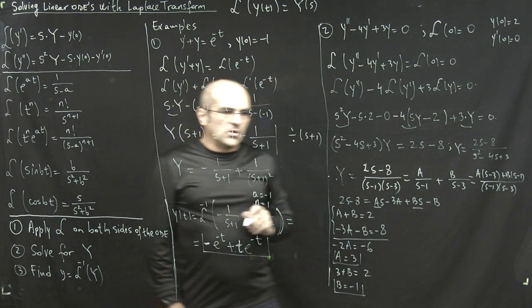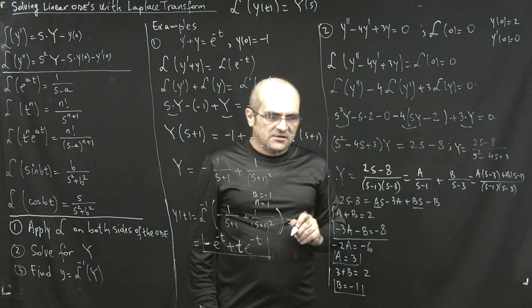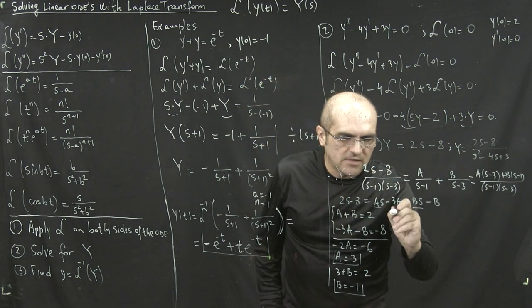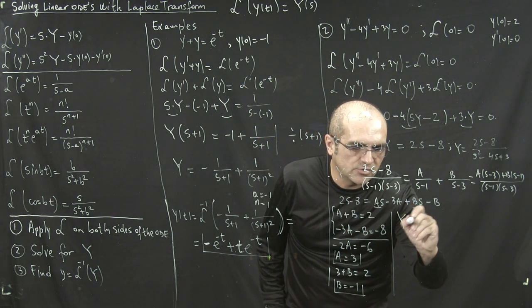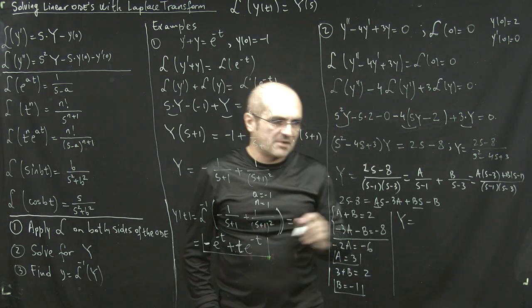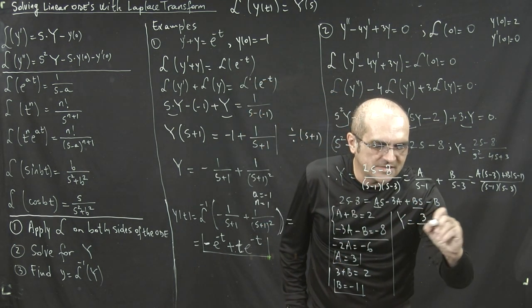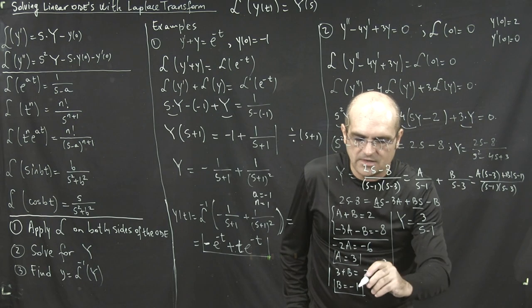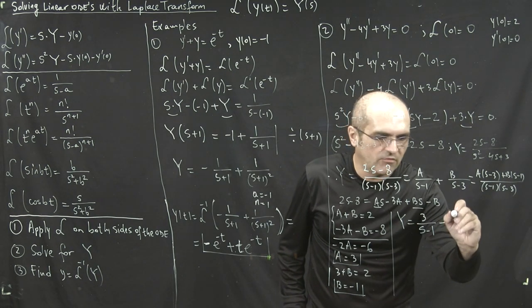Okay, so with that being said, that means big Y. Now you're ready to find finally little y, right? So big Y is going to be A over s minus 1, which is 3 over s minus 1, and then minus 1 over s minus 3.